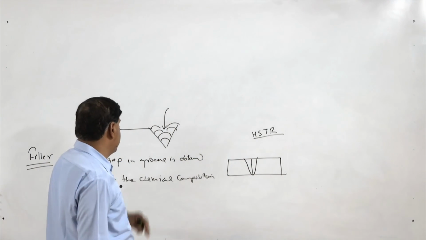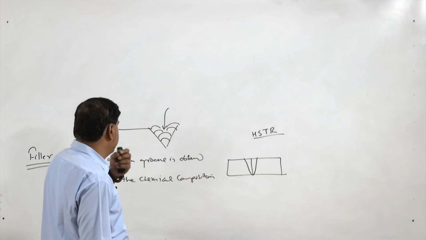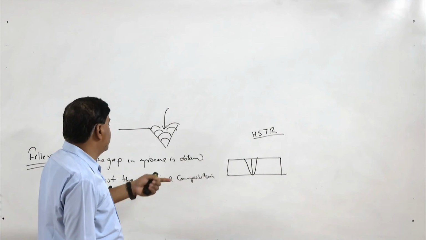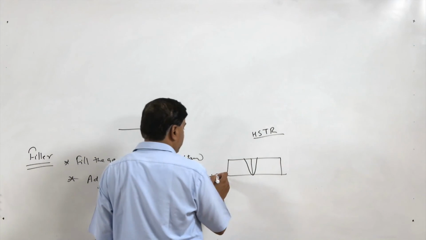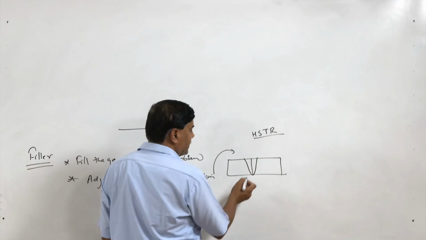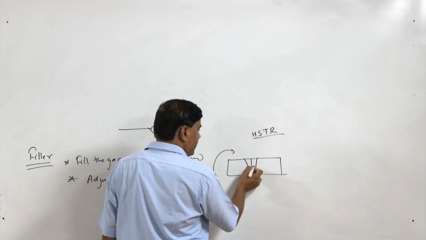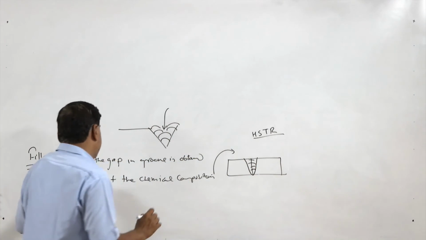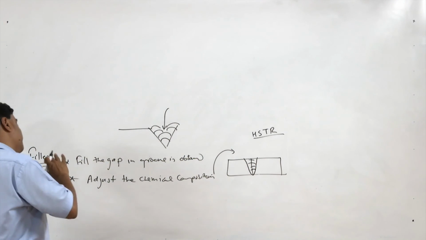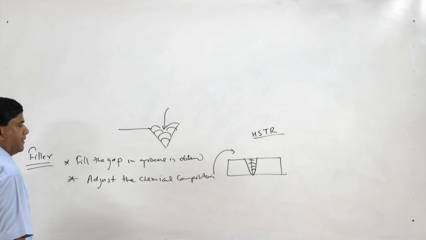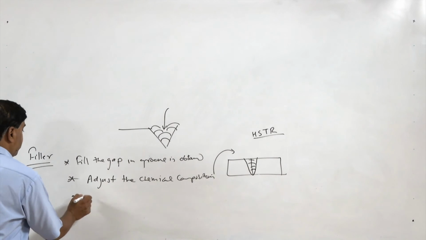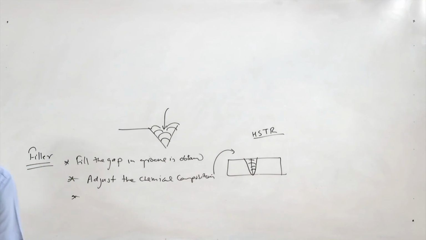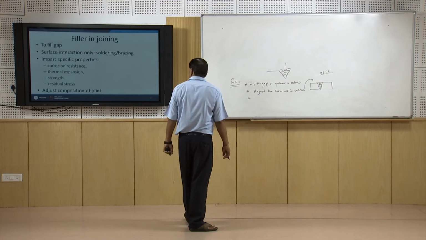That tendency is reduced by adjusting the chemical composition of the weld metal in such a way that the solidification temperature range is reduced. So, sometimes filler metal of a different chemical composition is used to adjust the composition of the weld metal, so that the solidification cracking tendency can be reduced.